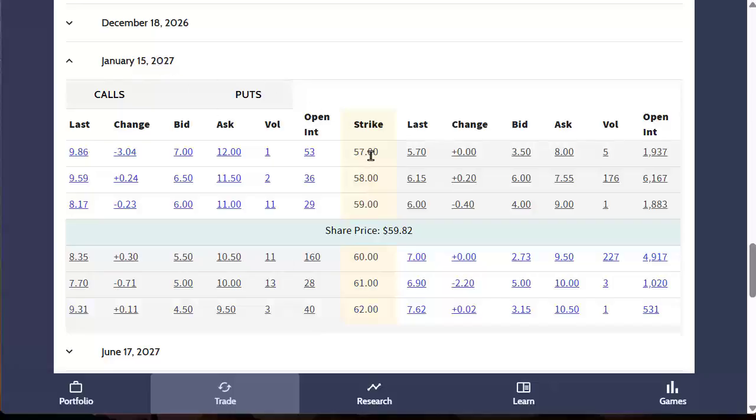You'll see that there's different prices we can buy at, but in particular, it's only showing us the three that are just less than the 59 and the three that are just more than the 59.82. So we want to see all of them.